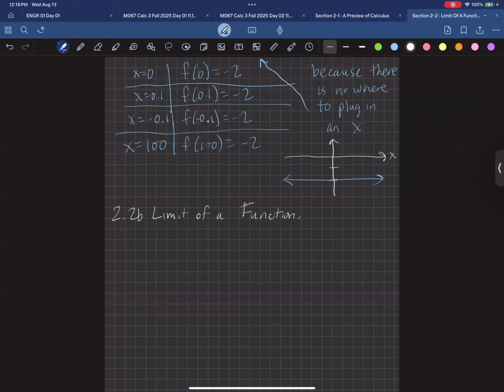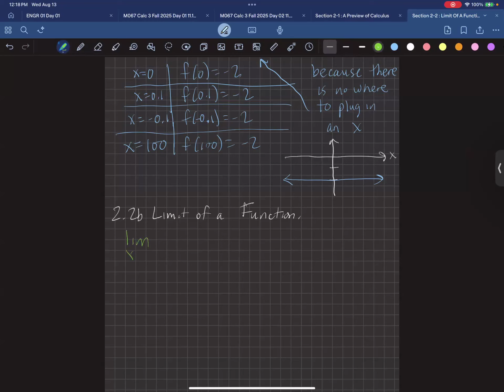And this is going to be where L does not exist. Let's rewrite down the definition of the limit real quick.